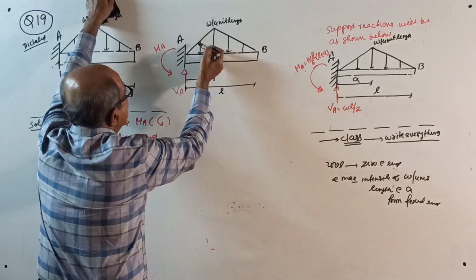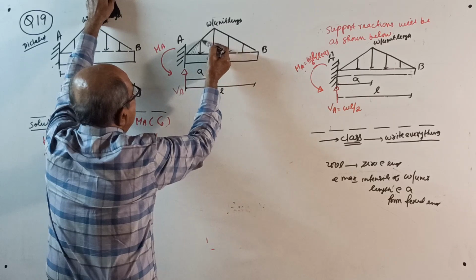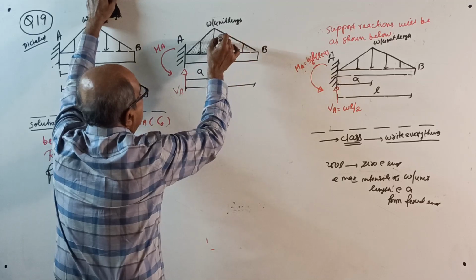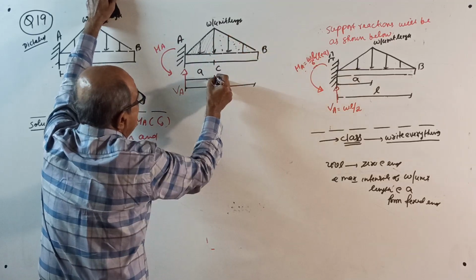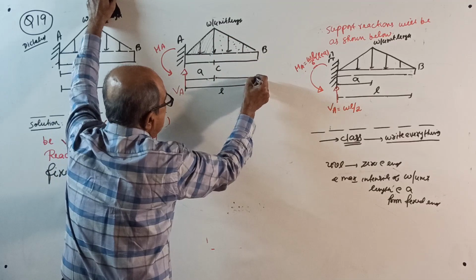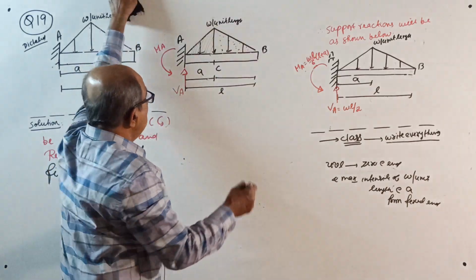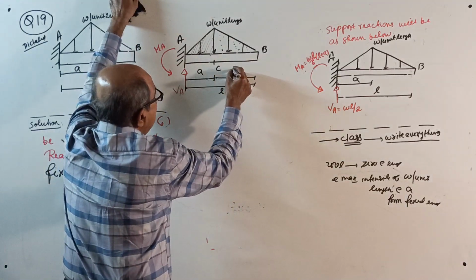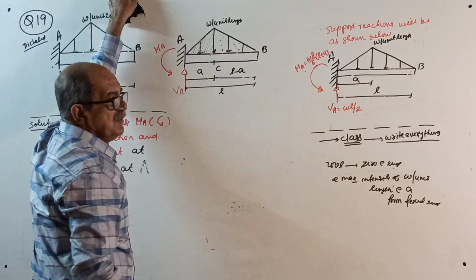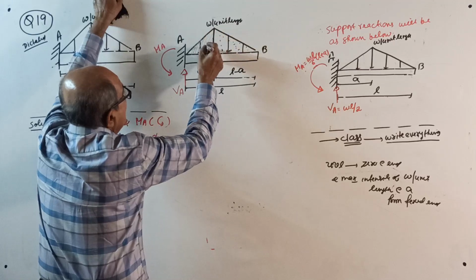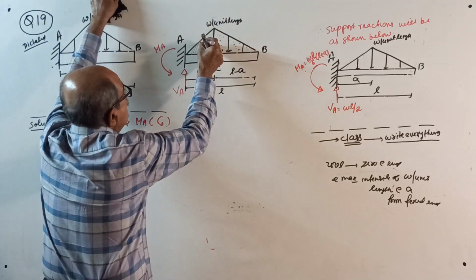Then do one thing. You consider this triangle and this triangle separately. Then you require this distance. In the question, if B is given, you can take B. Or if it is A, this is L minus A. Write it, L minus A. For this triangle, the resultant load will be here.